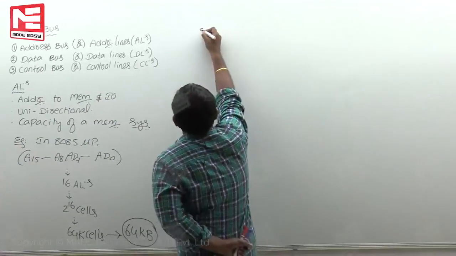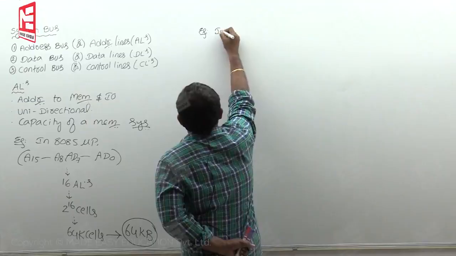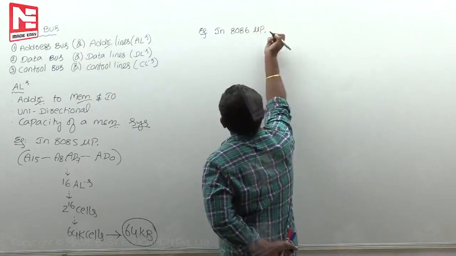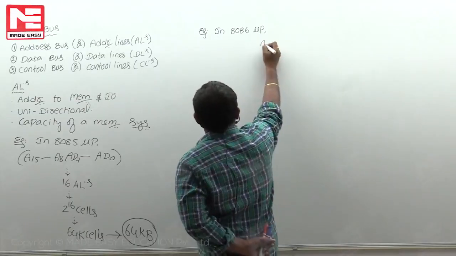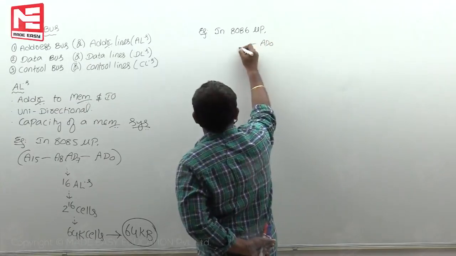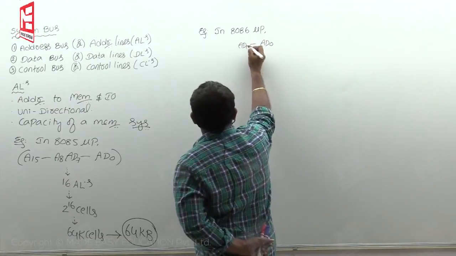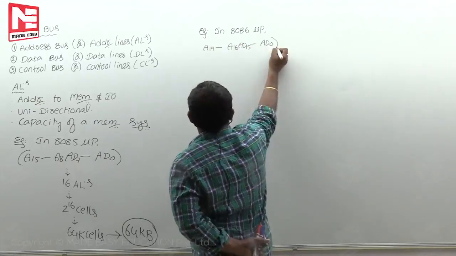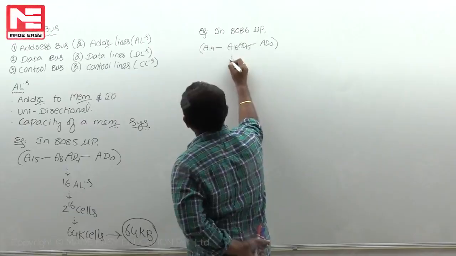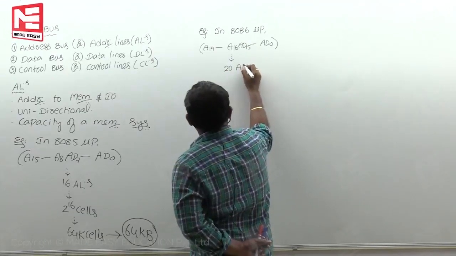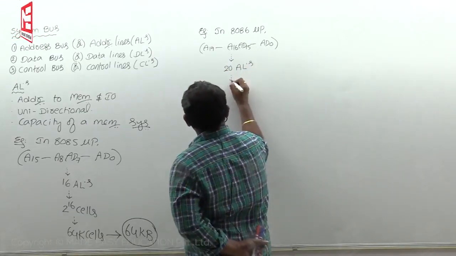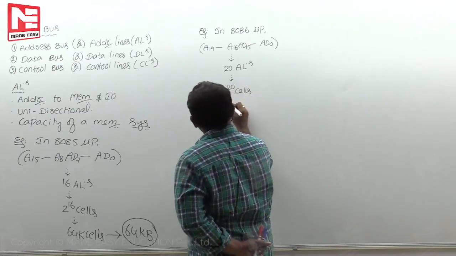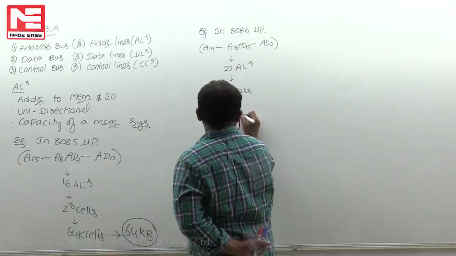For example, if you take the 8086 microprocessor, AD0 to AD15, A16 to A19, total 20 pins are there. 20 address lines means 2 to the power of 20 cells of a memory present. 2 power 20 means 1 mega cells.